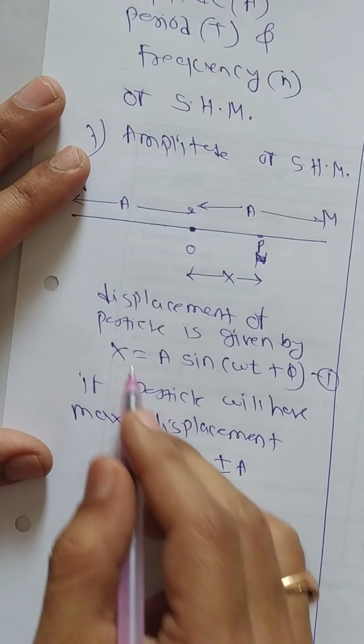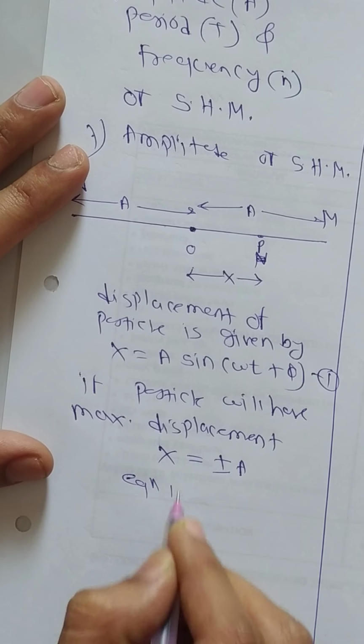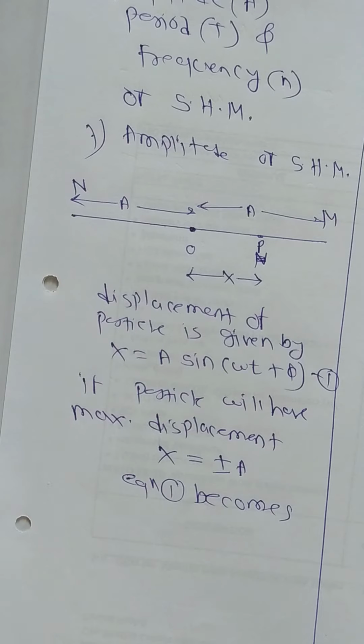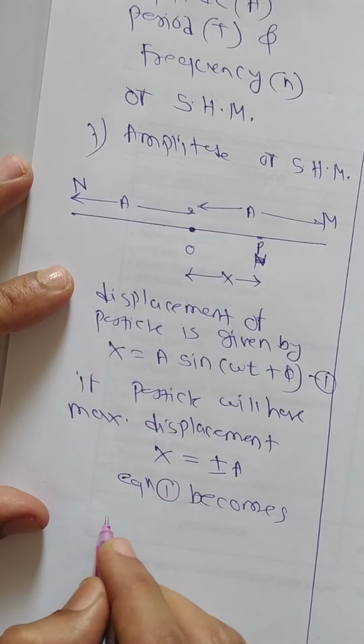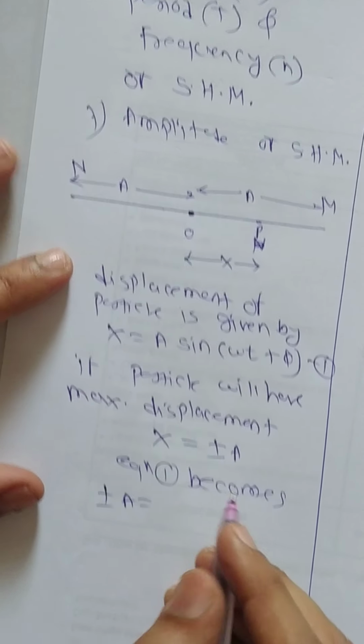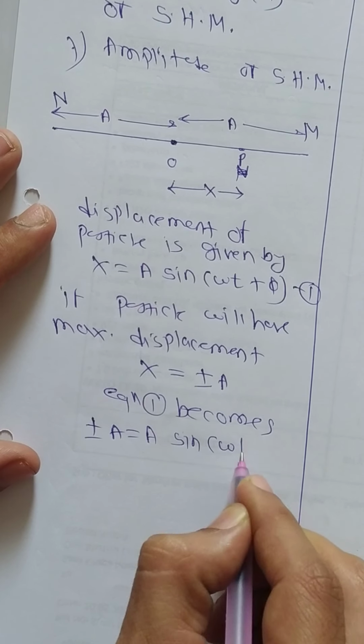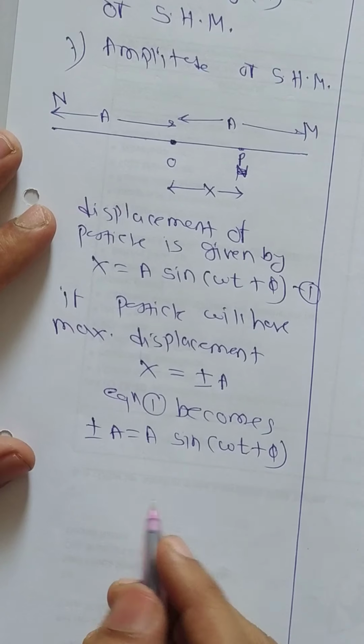Now if you put this value in equation 1, it becomes x equal to plus or minus a equals a into sine of omega t plus phi.